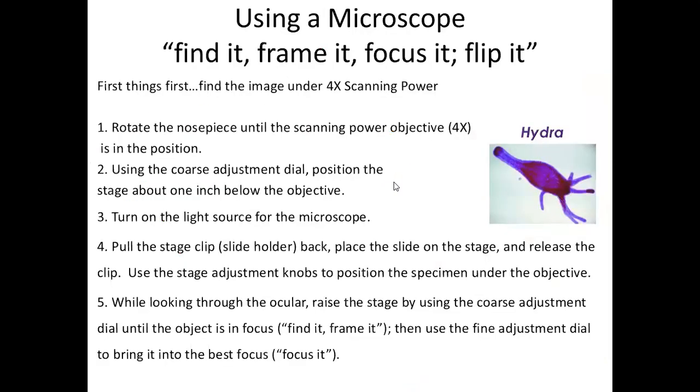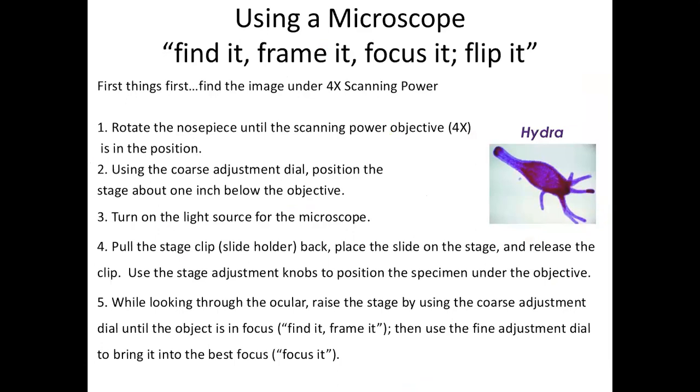So start on the 4X scanning power. Use your coarse adjustment dial to position your stage about an inch below the objective, and then turn your light on. Put your slide in there.